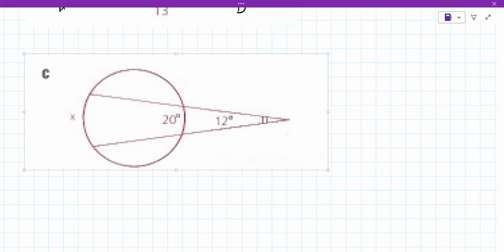Okay, this problem is about angle measures, arc measures. Do you remember anything about these? Yeah. So if it's outside of there, then 12 degrees would be x minus 20 divided by 2.